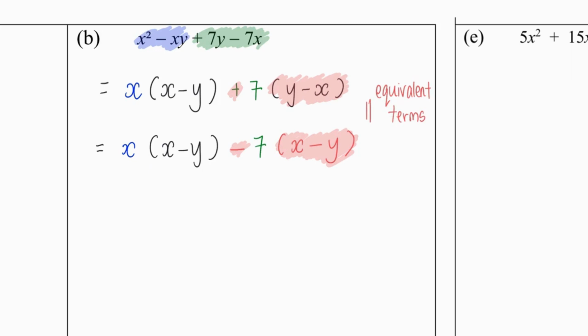Because if I were to expand and simplify, negative times positive x, I do get back my negative x. Negative times negative, I do get back my positive y. So now we have done this. We would then be able to see that x minus y will be my common factor, and I'm left with x minus 7.